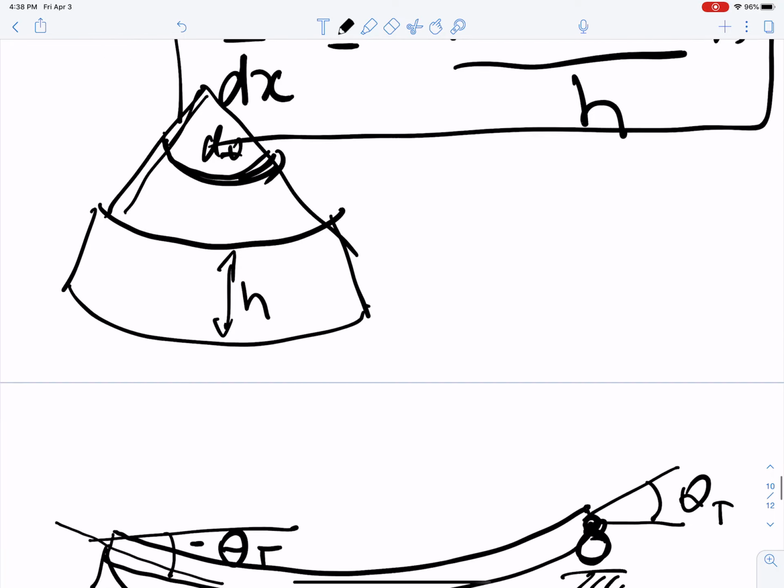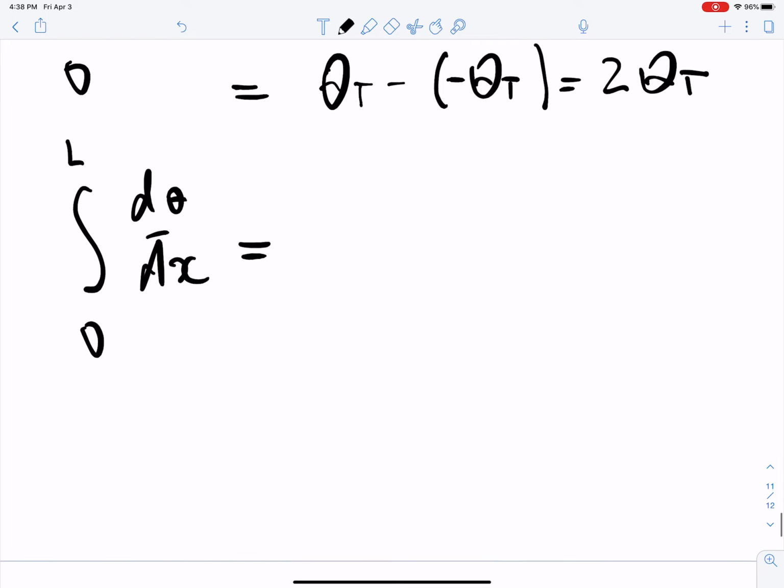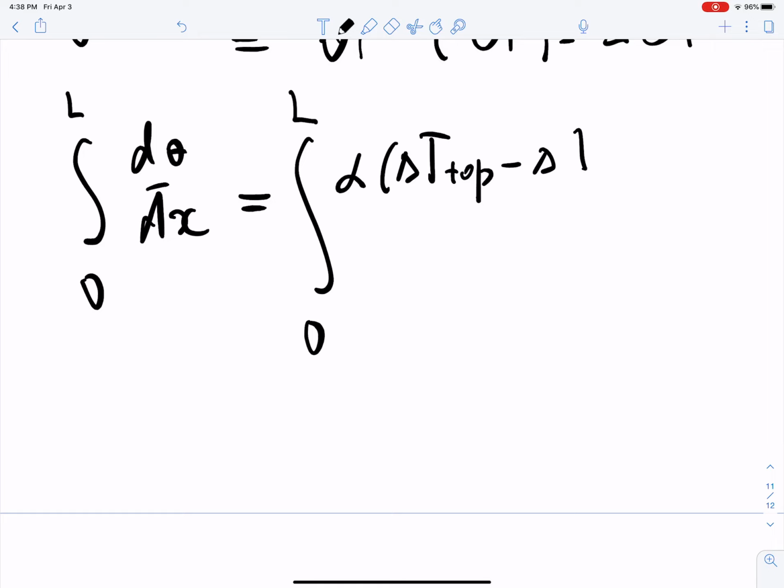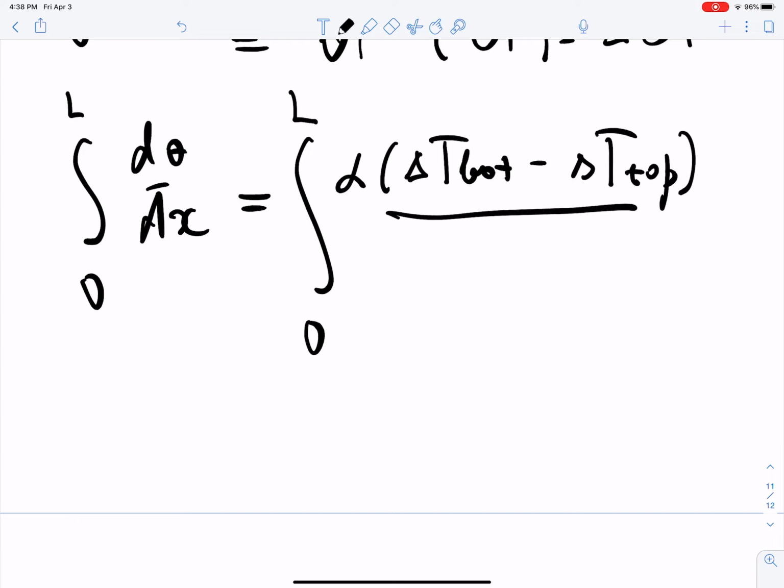This is the integral from 0 to L of alpha delta t top minus alpha delta t bottom, over h.